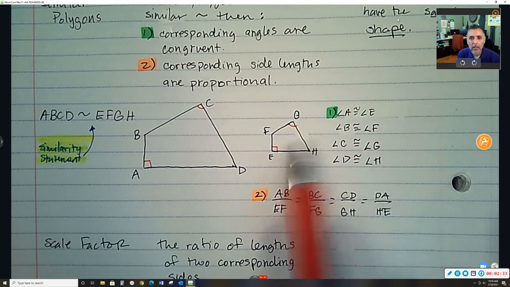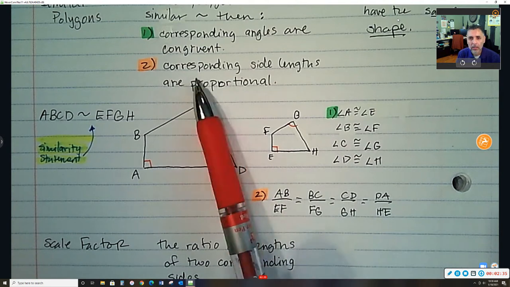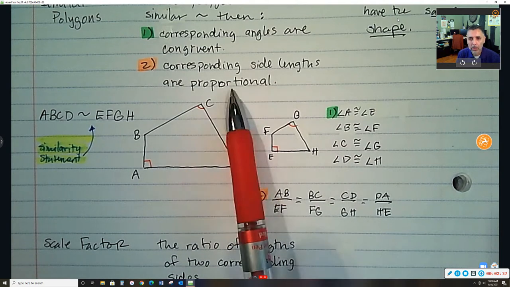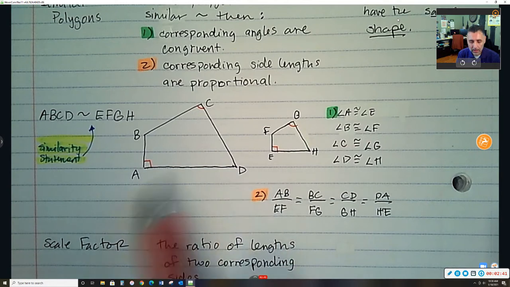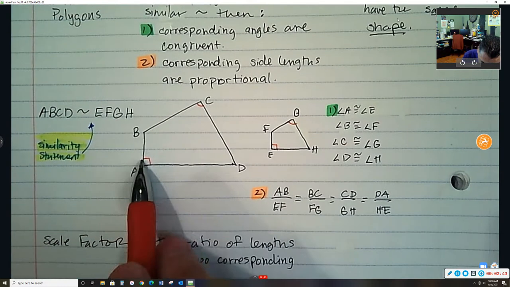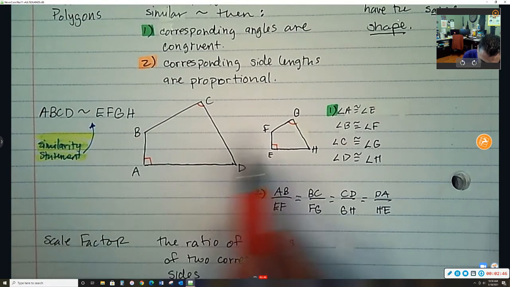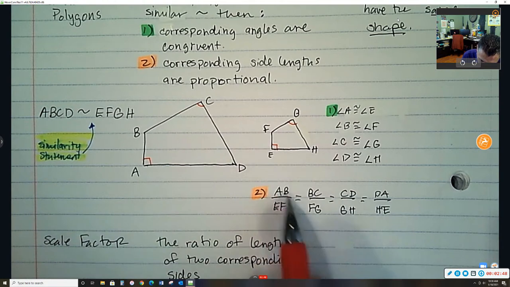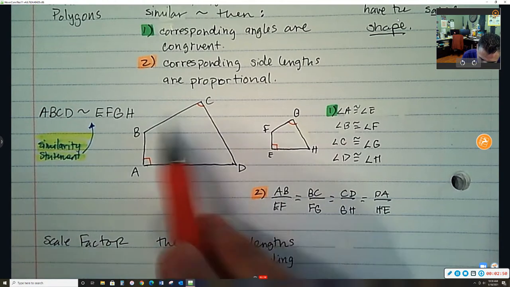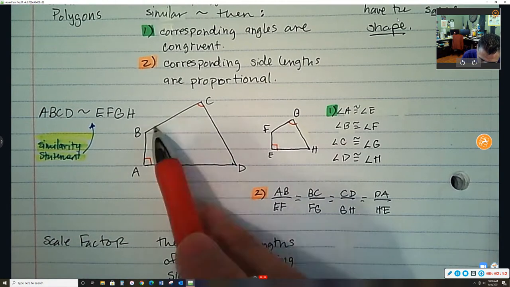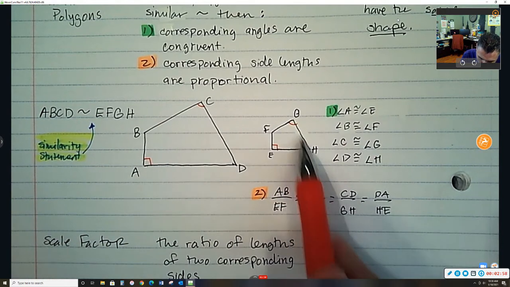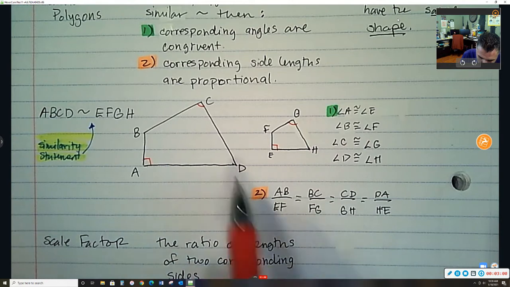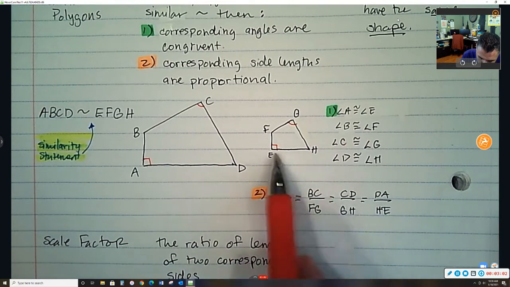And then the second thing, the corresponding side lengths are proportional. So here are the corresponding side lengths. Take AB, this side length, that one matches up with EF, so I write AB over EF. The next one would be BC and FG. Then CD matches up with GH, and the last one is DA and HE.